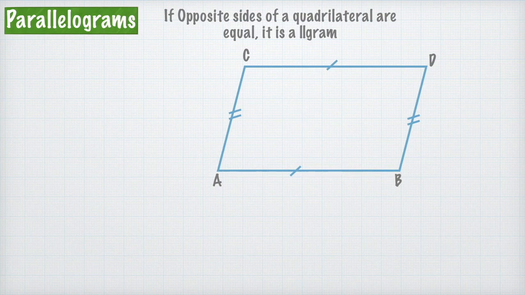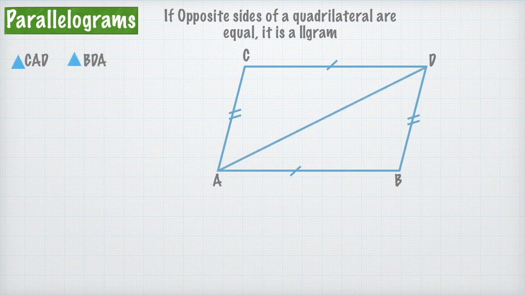So draw a quadrilateral for yourself, ABCD, and you know opposite sides are equal. That means AC is equal to DB and CD is equal to AB. Now once again I will use the idea of congruence. I see two triangles. I see that two sides are equal.